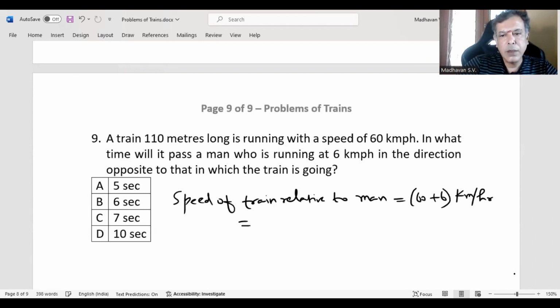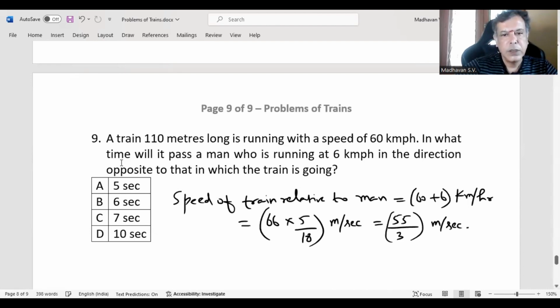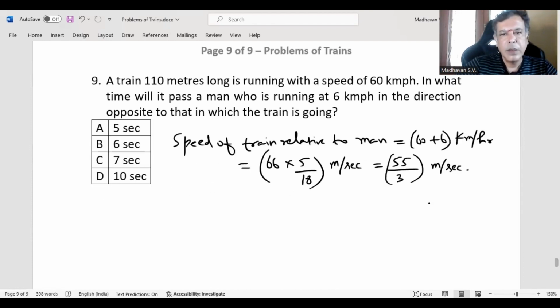Let us convert that into meters per second. So 66 multiplied by 5 by 18 meters per second. That will give us 55 by 3 meters per second.